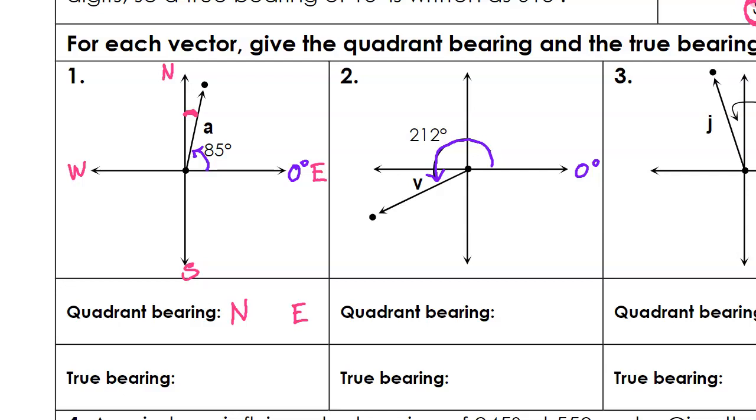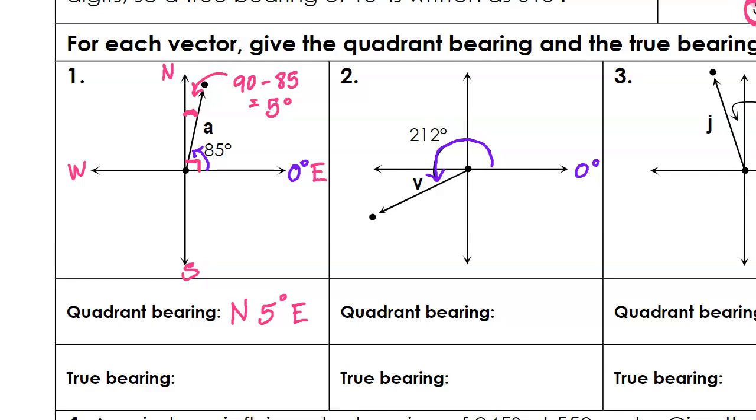Yes, Peyton. Yes, Abby. How did you get that 5? Right. You know that one quadrant of a quadrant plane is 90 degrees in total. So if you do 90 take away 85, you'll get your bearing of 5 degrees. So from the north, we go 5 degrees east. That's our bearing.